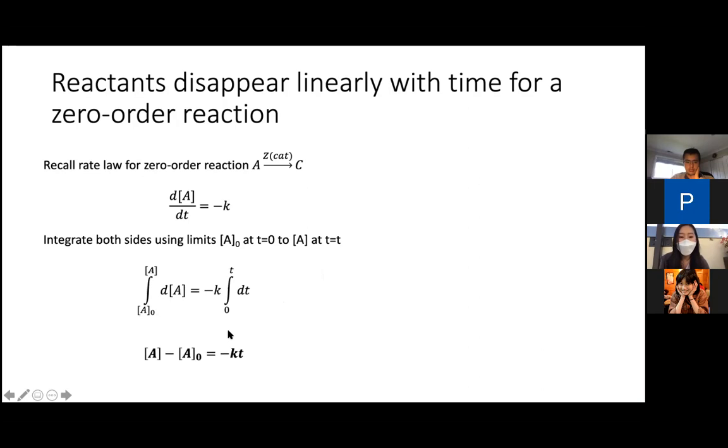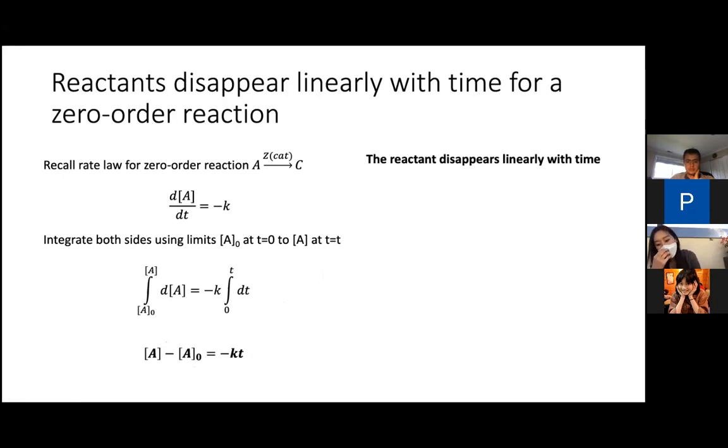And then if you integrate that, you would get this equation. This basically tells you that the reactant disappears linearly with time, because negative k times t is in the linear form.